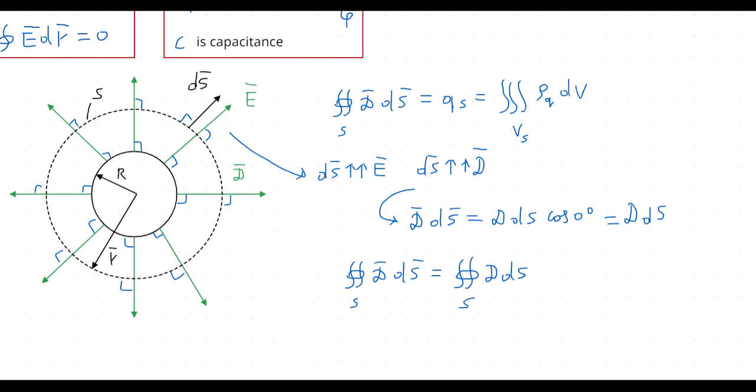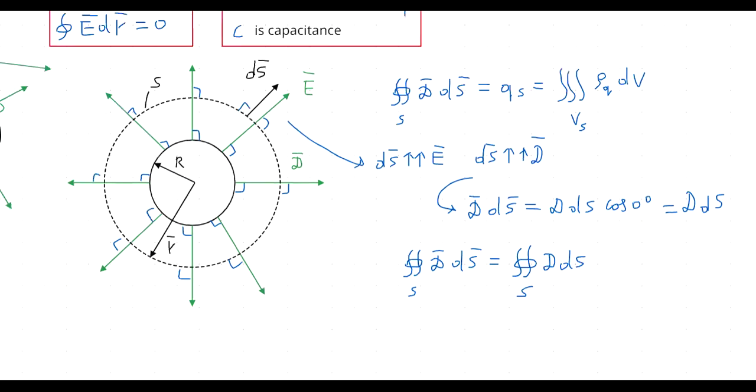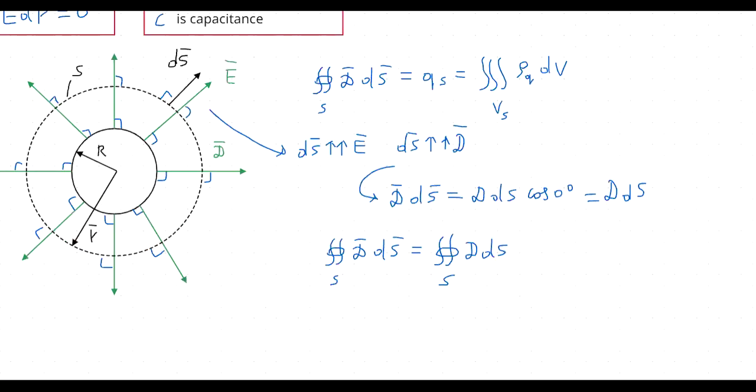And from here, what do we have? We have a center of symmetry. So the ball has a center of symmetry, and it means that the electrostatic field that was produced by this charged ball also has a center of symmetry, and it means that D doesn't depend on the differential dS, so D can be written outside of the surface integral.